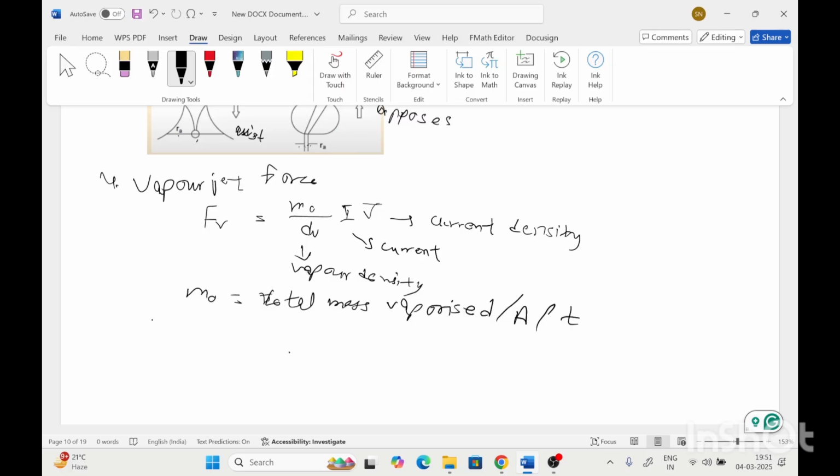So this force always opposes. FV always opposes droplet detachment.